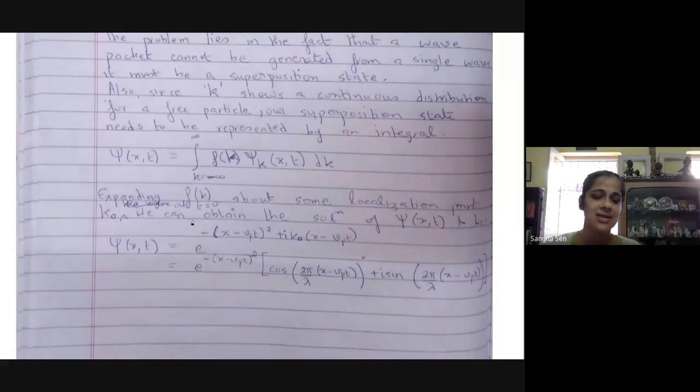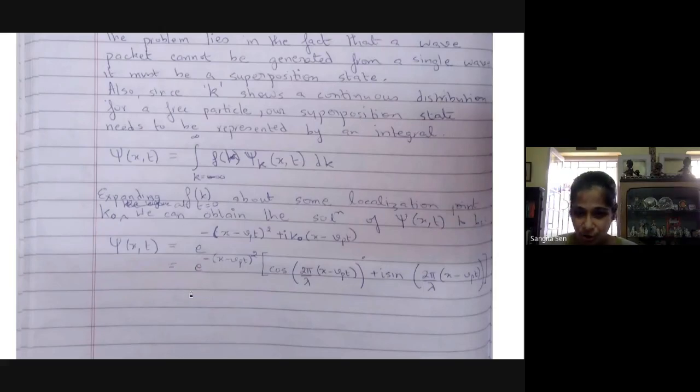So when t is 0, you have some initial wave function and you expand it about some suitable point, like the wave constant of the initial wave function, and then you get a form which looks something like this. You don't have to know how to derive it or anything.